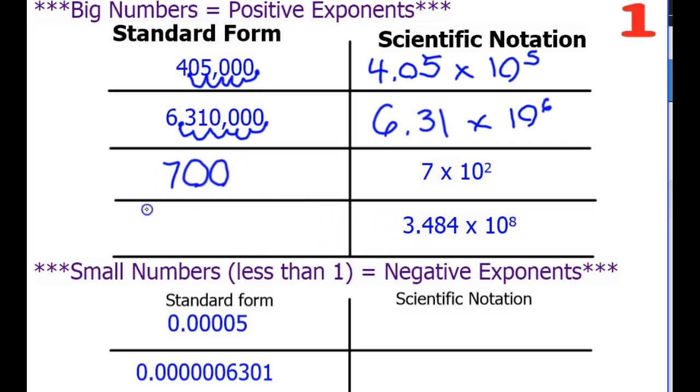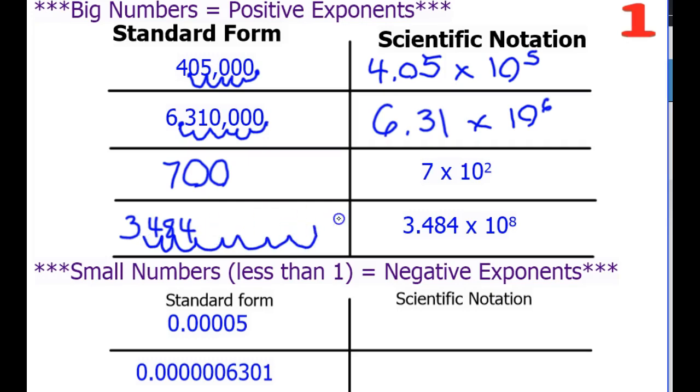Now, if we have 3.484, we write 3484. And we have 10 to the 8th power. So we take our decimal from here. We're going to go 8 spots. 1, 2, 3, 4, 5, 6, 7, 8.